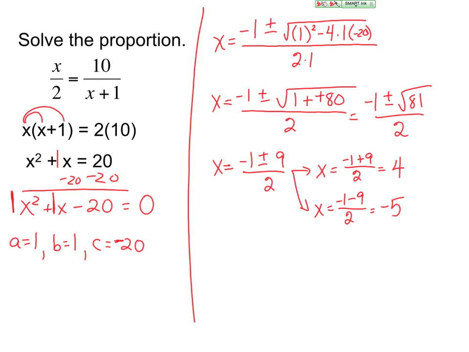I want to convince you that those are really the answers. So just to convince you, I'd go back here and plug them in. If I put a 4 here and a 4 here, 4 over 2 is 2 to 1. 10 over a total of 5 is also 2 to 1. What if I put in negative 5?